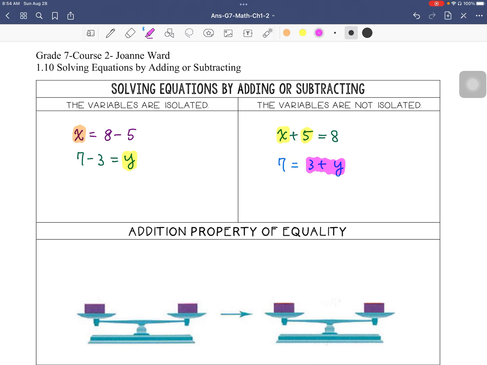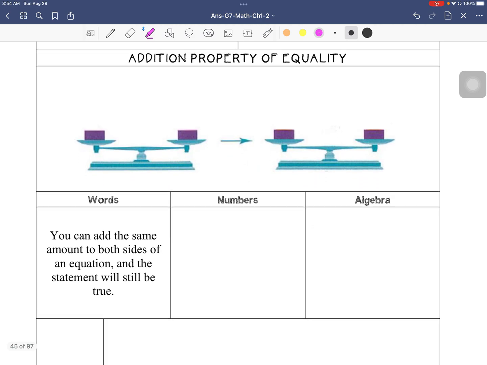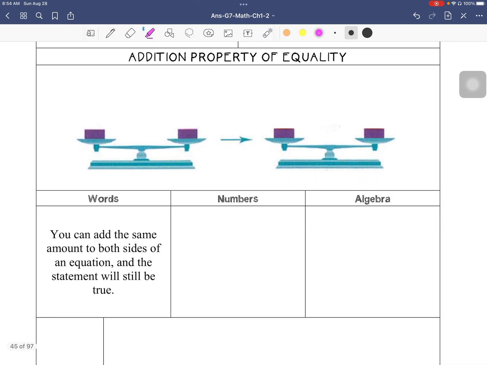Okay, so secondly, I want to introduce to you the addition property of equality. So what is the addition property of equality? It tells us that we can add the same amount to both sides of the equation, and the statement will still be true.